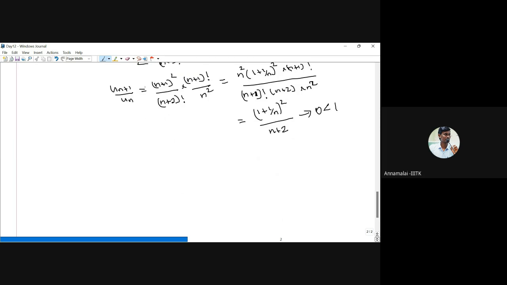Now, next problem. Suppose the series contains some unknown value. They ask for what values of x the series converges absolutely. Exercise 3. Suppose we consider the series x plus x square by 2 factorial plus x cube by 3 factorial and so on.